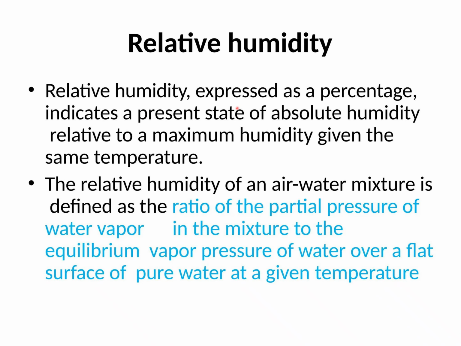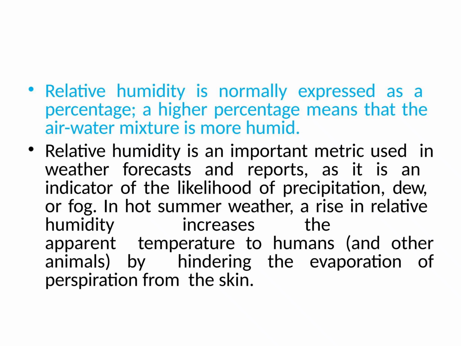Relative humidity is expressed as a percentage indicating the present state of absolute humidity relative to the maximum humidity at the same temperature. The relative humidity of an air-water mixture is defined as the ratio of the partial pressure of water vapor in the mixture to the equilibrium vapor pressure of water over a flat surface of pure water at a given temperature. Relative humidity is normally expressed as a percentage; a high percentage means that the air-water mixture is more humid.